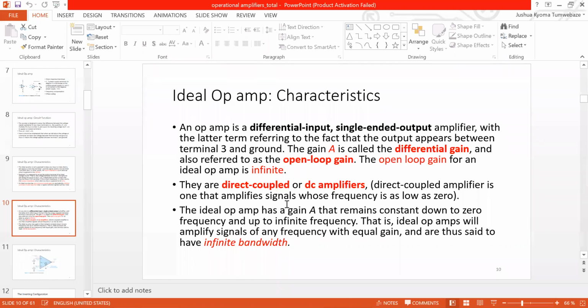That brings us to the last important characteristic: they have an infinite bandwidth. Infinite bandwidth simply implies that they can amplify signals of any frequency with equal gain from 0 to infinite hertz, so to speak. Do you have any questions?